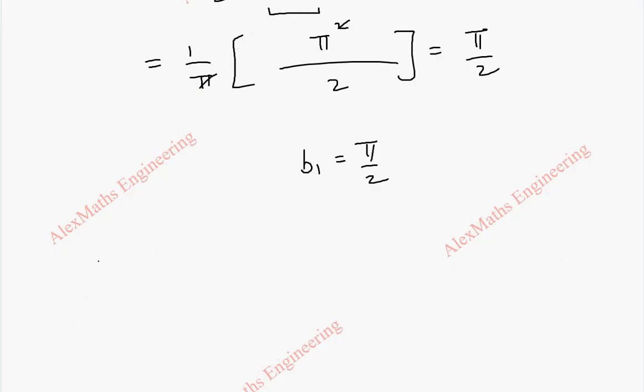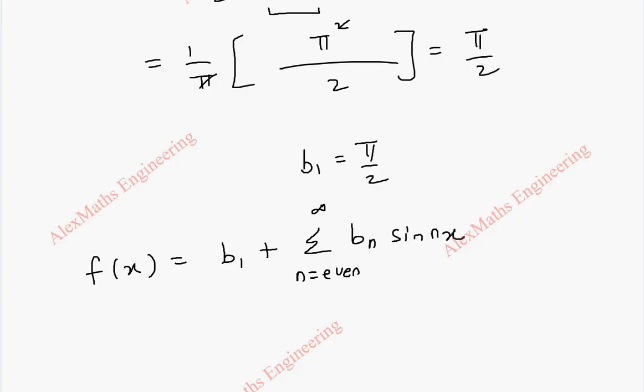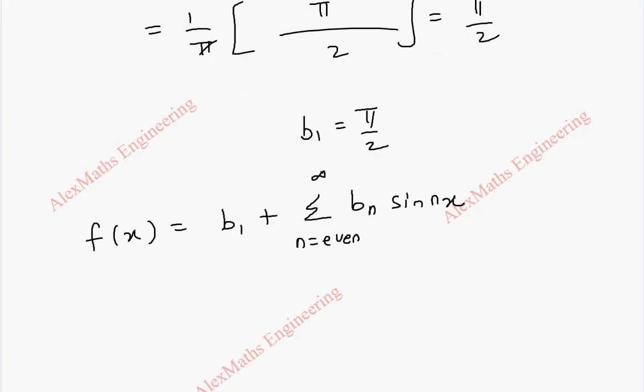So in our expansion formula, we have to write B1 separately, then summation n is equal to even till infinity, because Bn exists only for the even. So Bn into sine nx. So B1 into sine x we have to write, not only B1, because generally the term is Bn sine nx.